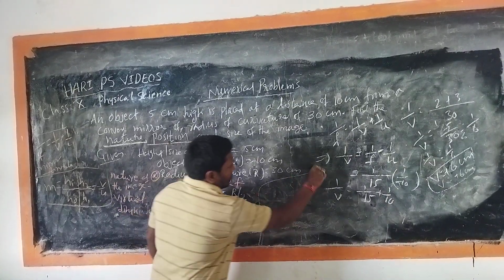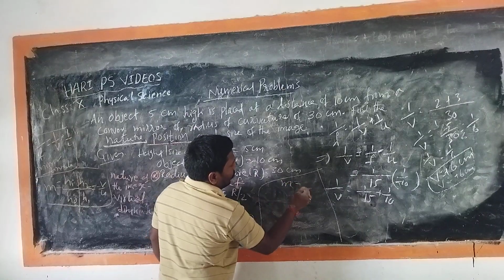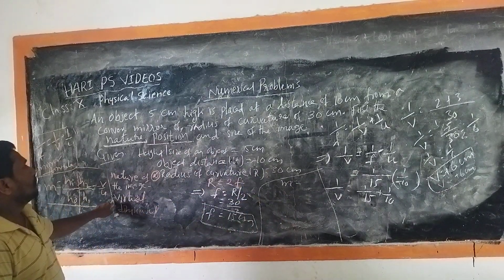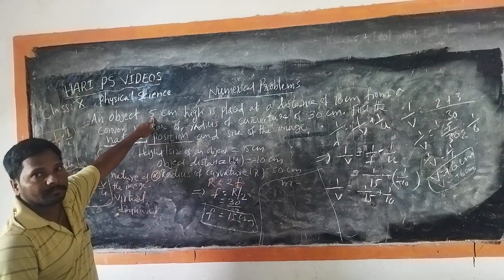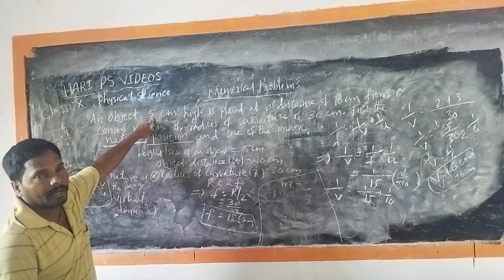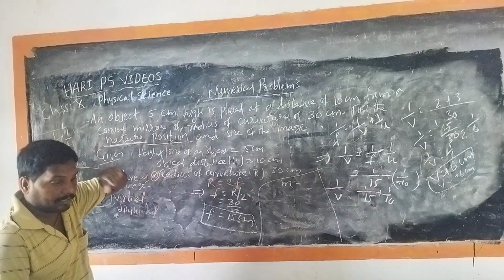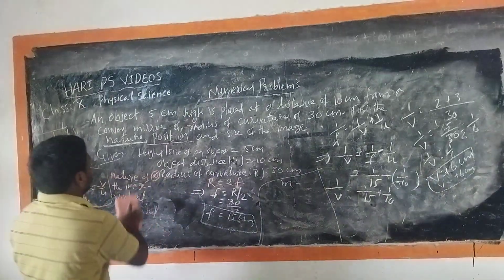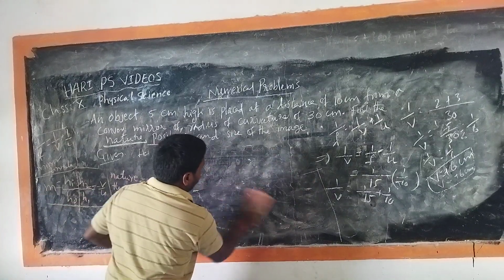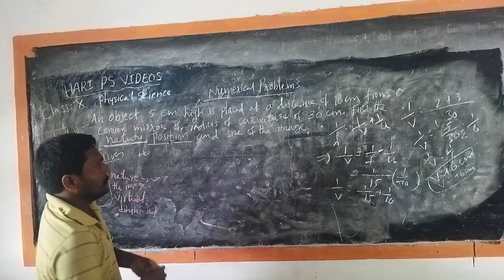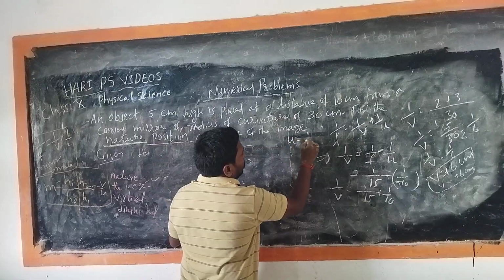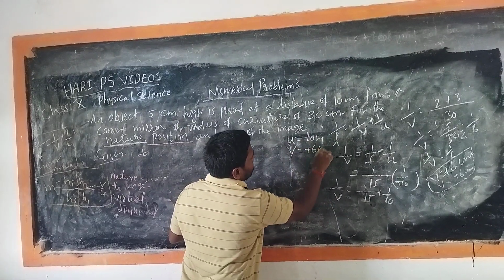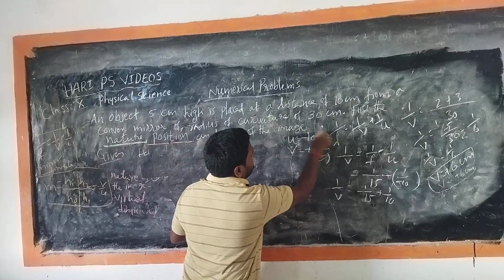From this, the magnification formula is m is equal to minus v by u, or in terms of height, whichever one, no problem. The height is given, so before that we have to find the magnification. Keep in mind u is equal to minus 10 centimeters and v is equal to plus 6 centimeters.